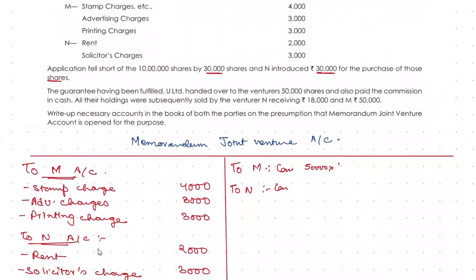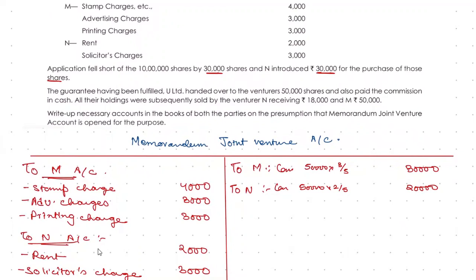M will take 3/5, N will take 2/5. 1 lakh by 5, 20,000, 30,000. Correct? सही है ना, मतलब कैलकुलेशन सही है ना.